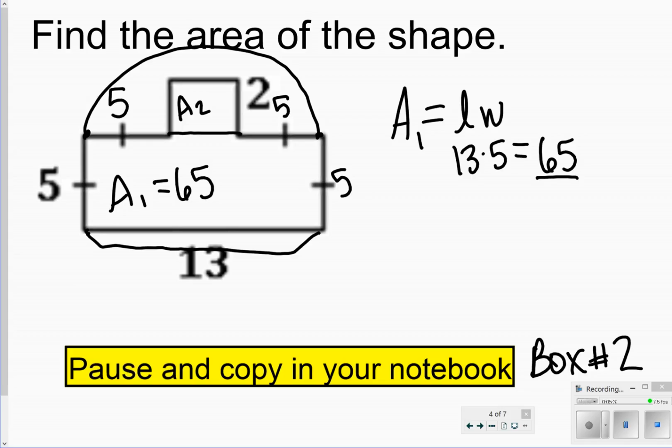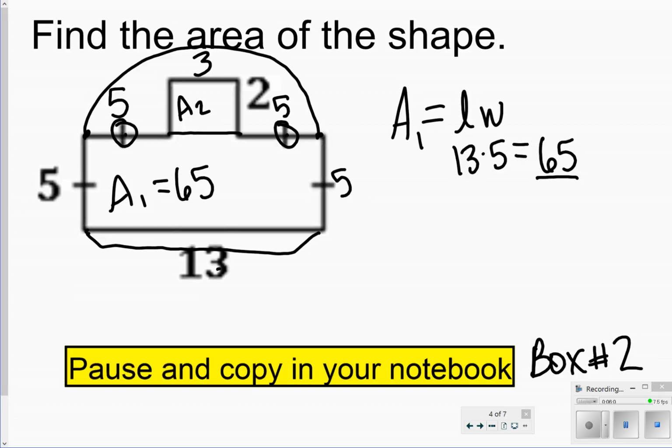That should be congruent to this part that's opposite it. What we already know is this part, which is 5, and this part, which is 5. So combined, that makes 10. Now, it looks like we want to make this a 2, but actually it can't be 2. It needs to be 3, and the reason why it's 3 is because we have 5 and 5 is 10, and the difference between that and 13 is 3.